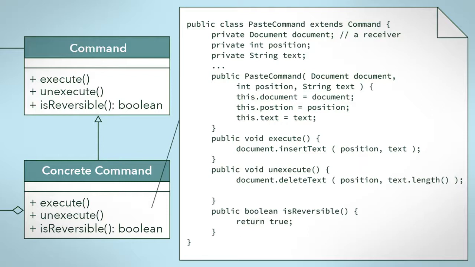In this case, the paste command is also a reversible command because you can delete the object you just pasted, so it will return true if isReversible is called and must keep track of where the text was pasted. When the execute and unexecute methods are called, this is where the command object actually calls on the receiver, which in this case is the document, to actually complete the work.